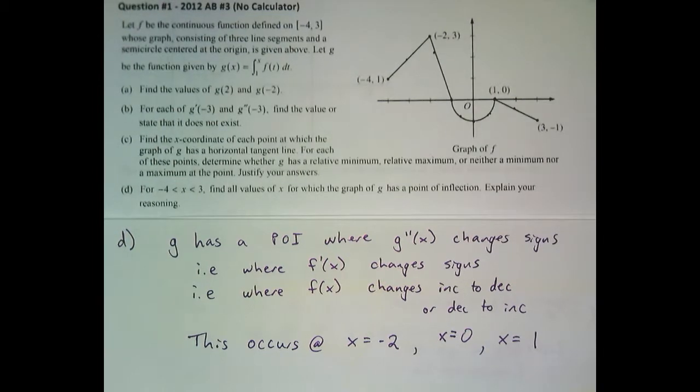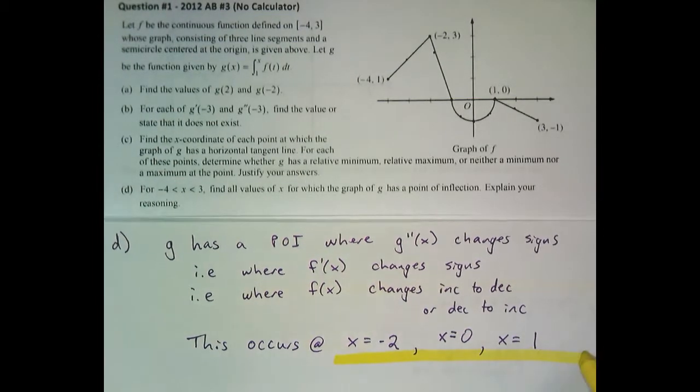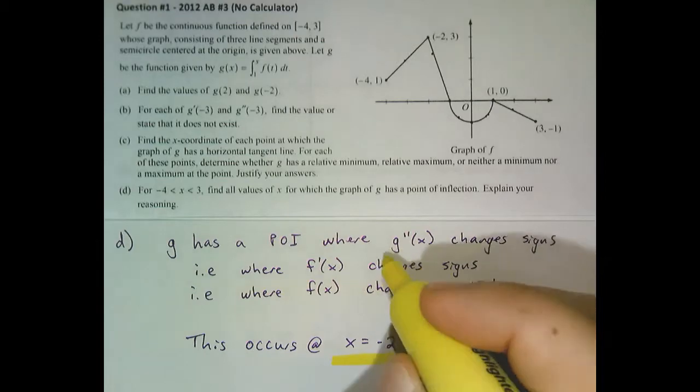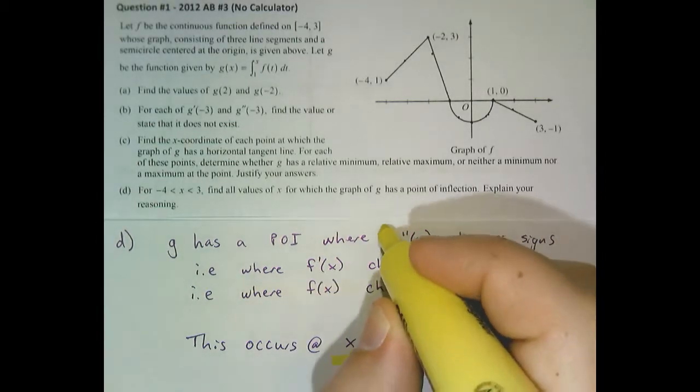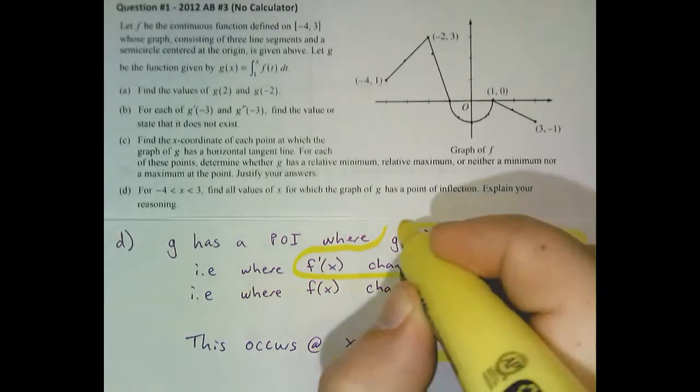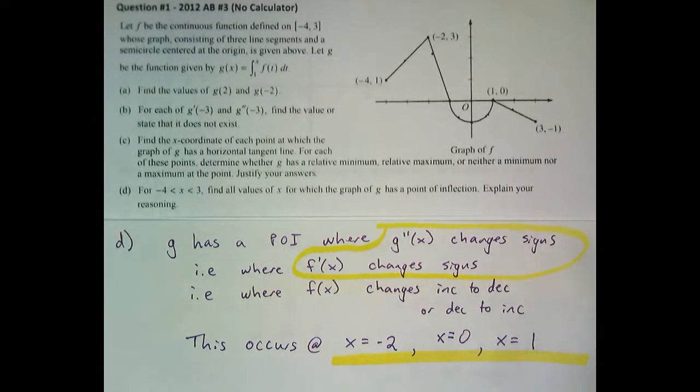You get 1 point for the answer, and then 1 point for the explanation. And the explanation, they say, is that G double prime, which equals f prime, changes signs. So they don't even get into the increasing, decreasing.